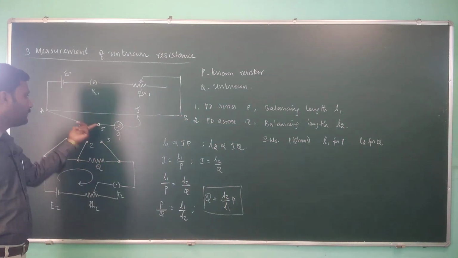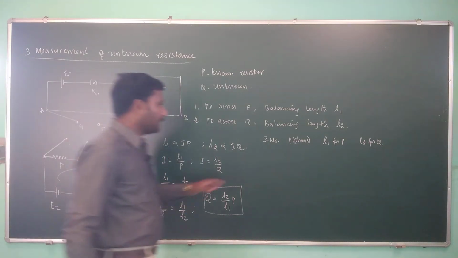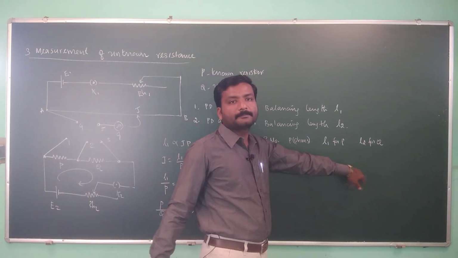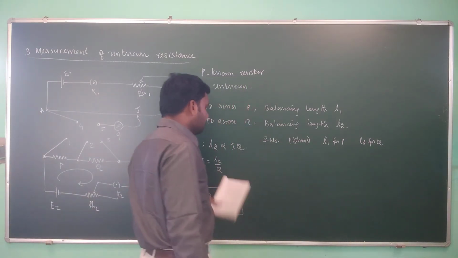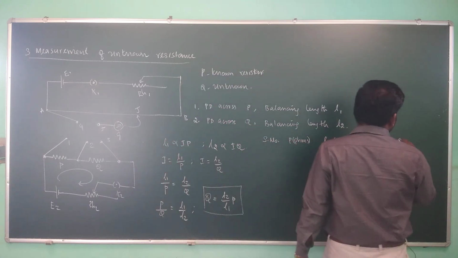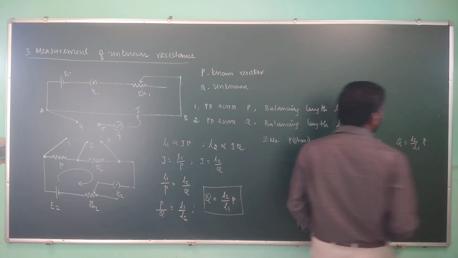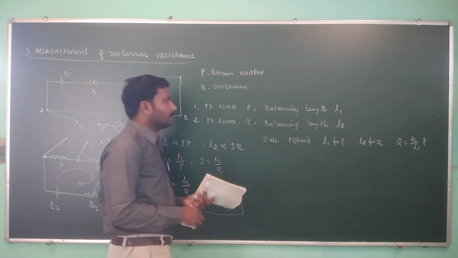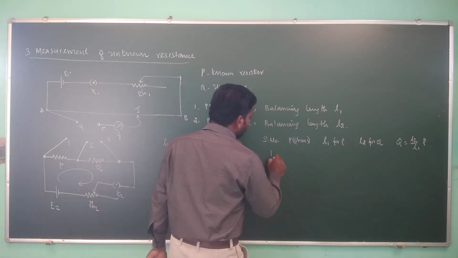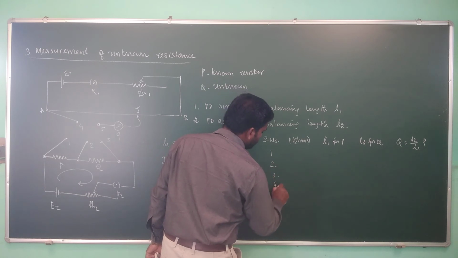When Q is connected, we calculate balancing length L2. We do this for different values of P, then apply the formula Q is equal to L2 by L1 multiplied by P. This we can calculate for several values.